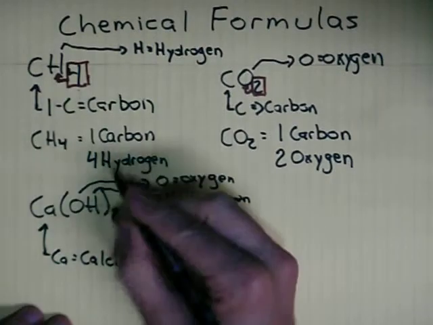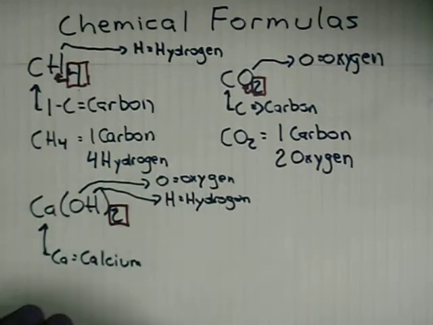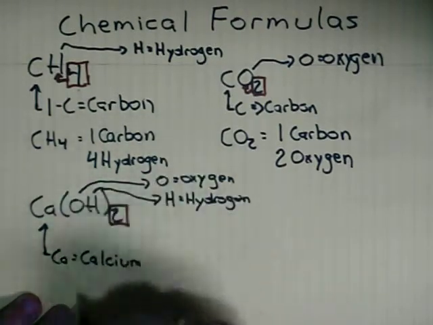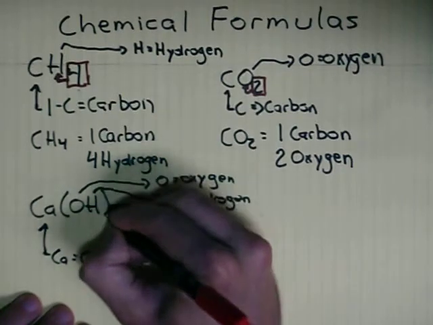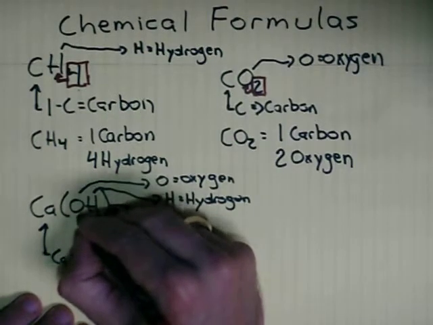But we have this number 2 on the outside of the parentheses. So what does that mean? That means that everything inside the parentheses gets multiplied by that number. So that means we have 2 of these and 2 of these.